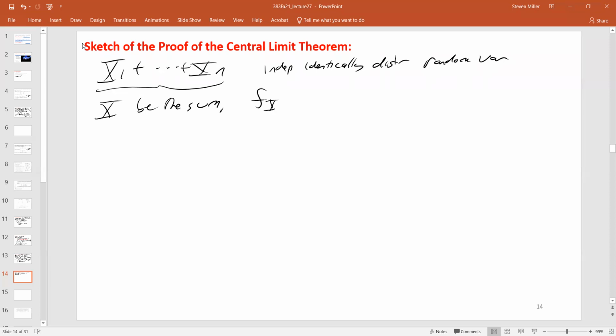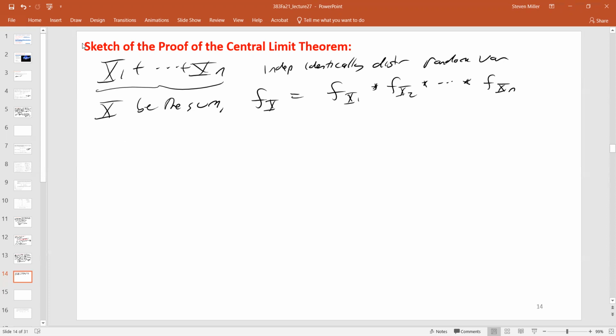The density of x is just going to be the density of x1 convolved with the density of x2 convolved with the density of xn. But if they're all the same function, it's just the same density every single time.